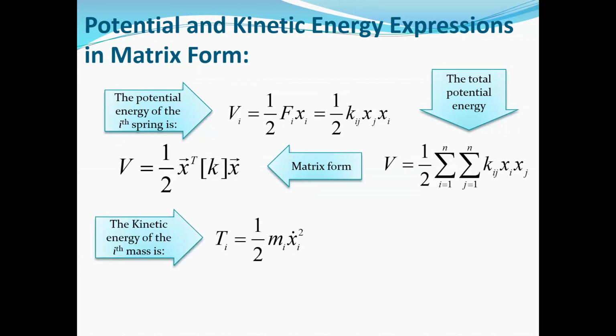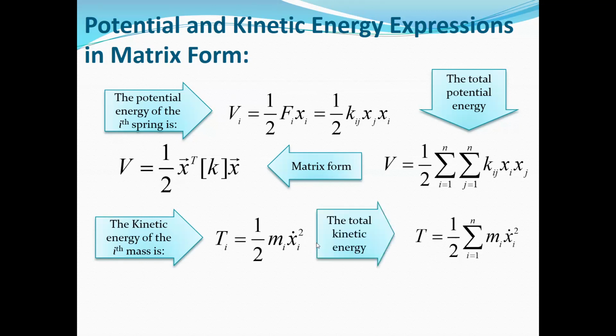The kinetic energy of the i-th mass is calculated as half m_i x_i dot squared, and the total kinetic energy is the summation of the kinetic energy in each mass.